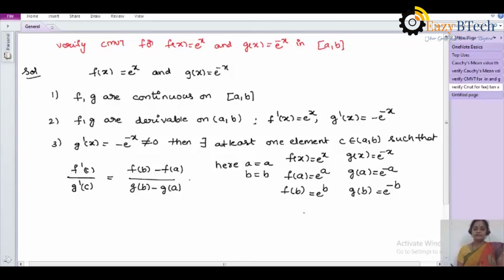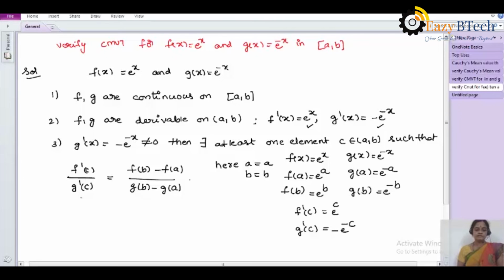Now the LHS part values. f dash of x is e power x, then f dash of c is e power c, and g dash of x is minus e power minus x, then g dash of c is minus e power minus c.